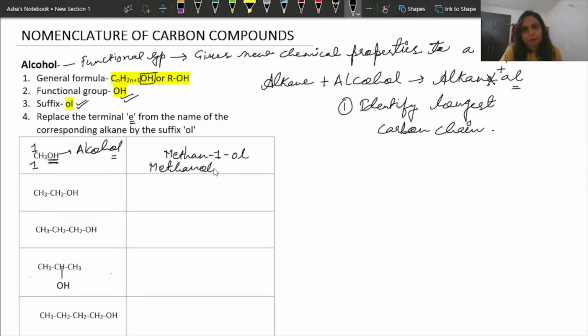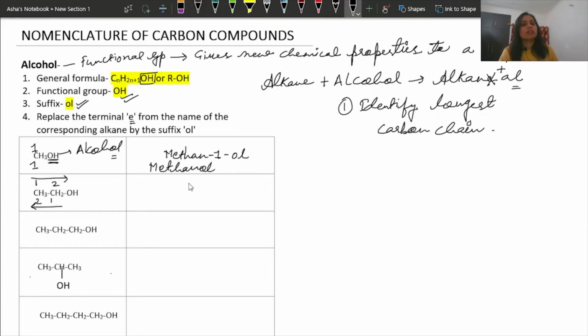Now in this one we are having 2 carbons. If we are doing numbering from front to back, this is the first carbon, this is the second carbon. If we are doing the numbering from back to front, this is the first carbon, this is the second carbon.